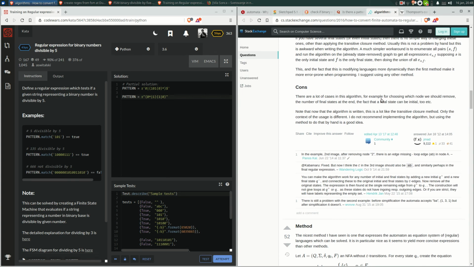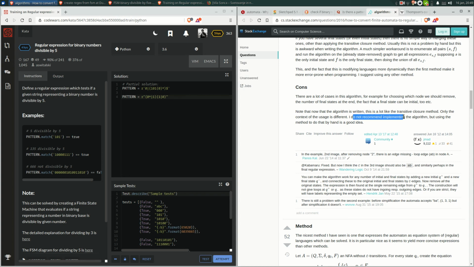Cons. A lot of cases in this algorithm, for example, choosing which node we should remove, the number of final states at the end, and the fact that the final state can be initial too. Note that how the algorithm is written, this is a lot like the transitive closure method, only the context of the usage is different.